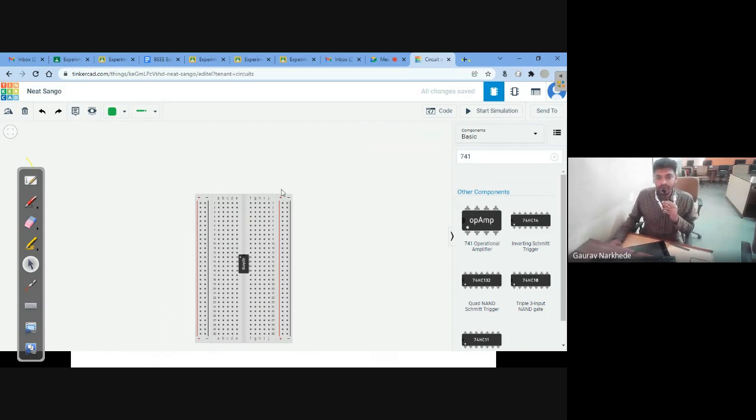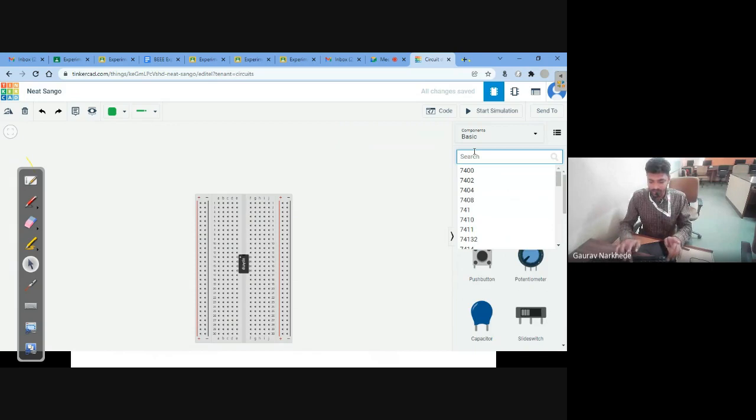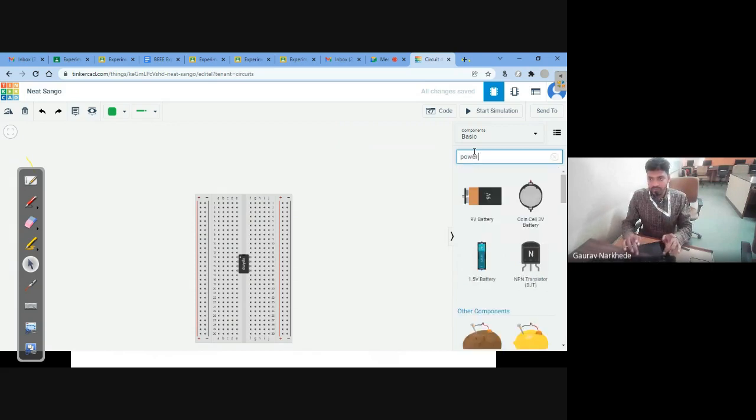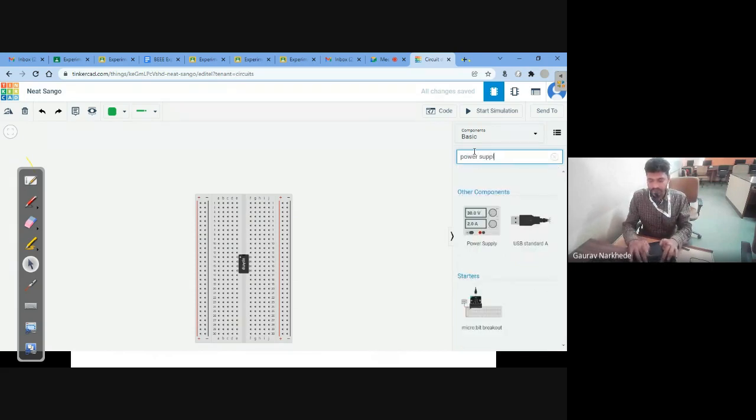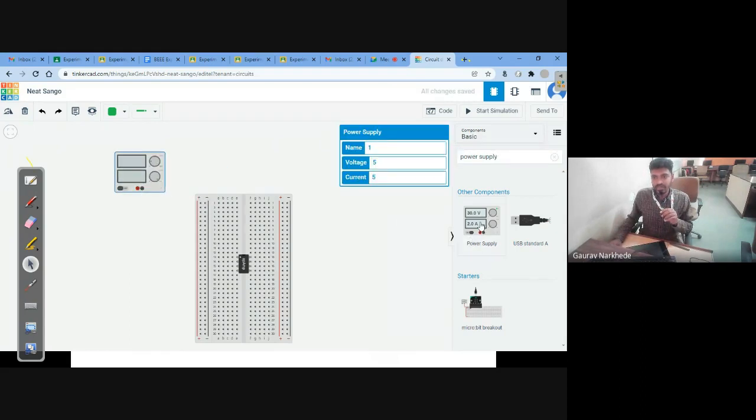Now, first of all, I will apply the power supply. How to apply it? We know that we need two power supplies. So this is your plus VCC, another is minus VCC.